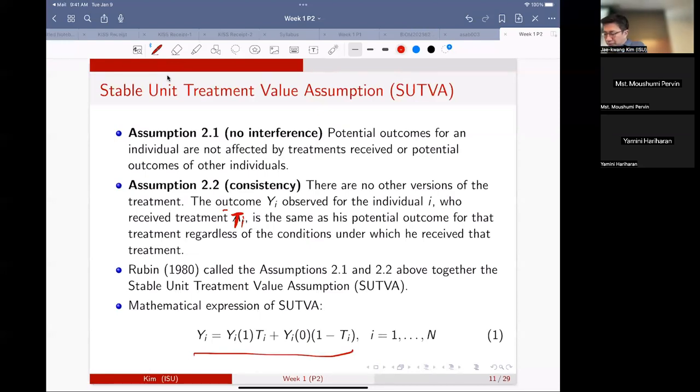So basically, what your observation is, the right side is a realized potential outcome. If Ti equals 1, then we observe Yi(1). If Ti equals 0, then we observe Yi(0). Okay.